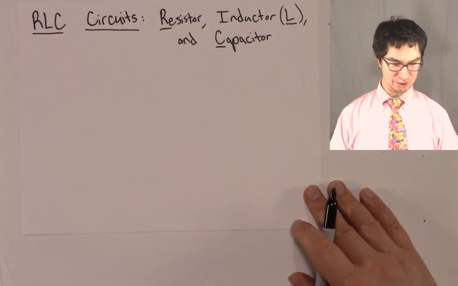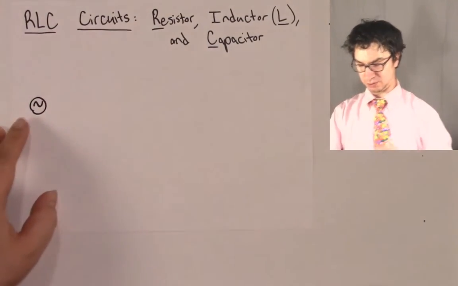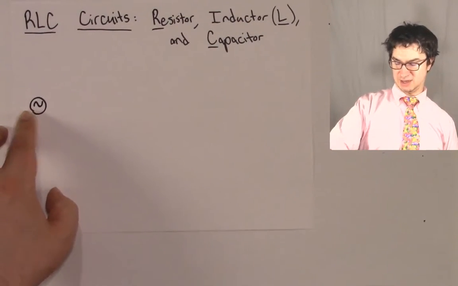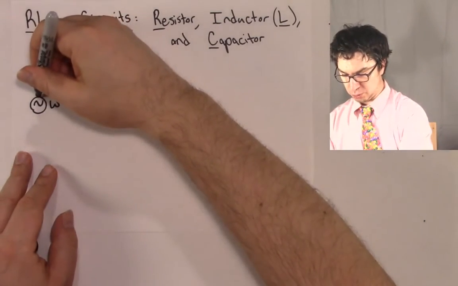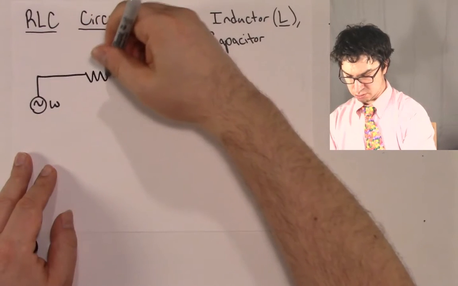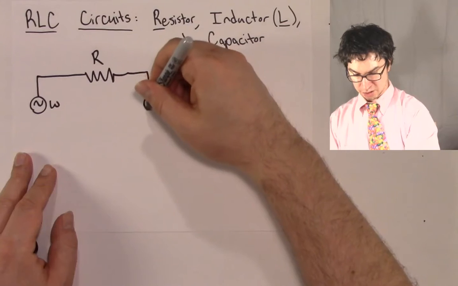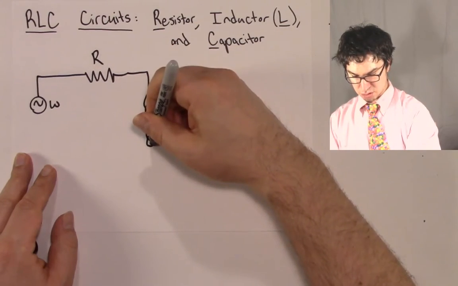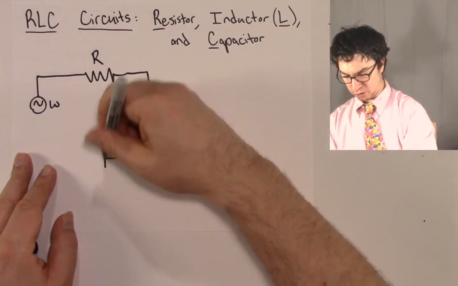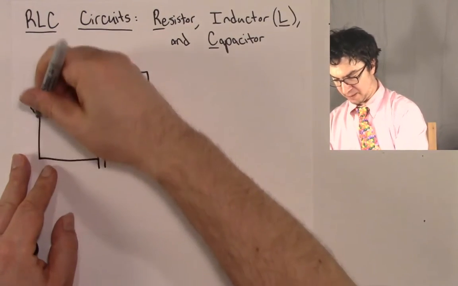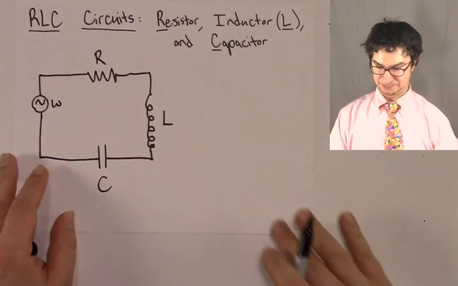How do we draw an RLC circuit? Like this. We start with our AC source with a little sine wave inside the AC source with an angular velocity omega. We're going to draw a resistor, label it R. We're going to draw an inductor, label it L. And then finally, we're going to draw a capacitor, and it's going to have a capacitance C.